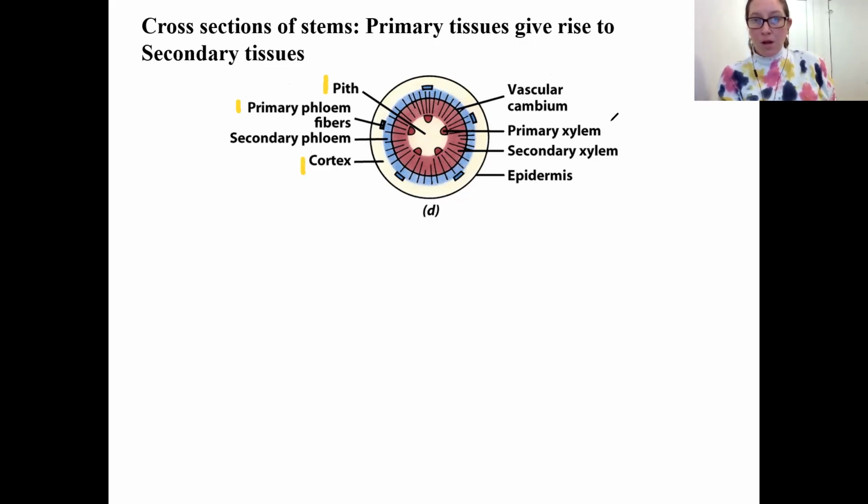Cortex, primary. Primary xylem, primary. And epidermis, primary. With blue, I'll highlight secondary. Secondary phloem, secondary xylem, both of which were made by the vascular cambium, right? So on D, we see a combination of primary and secondary things.